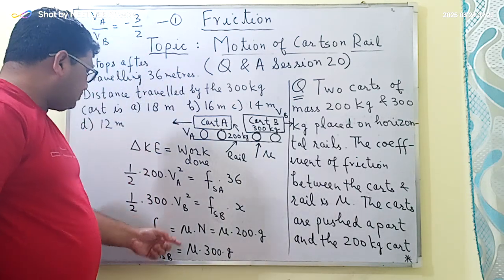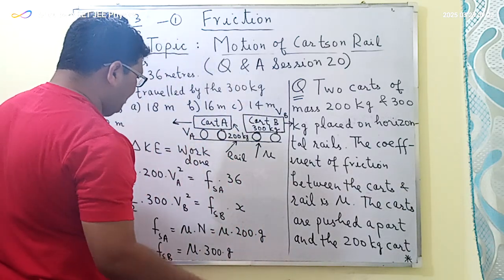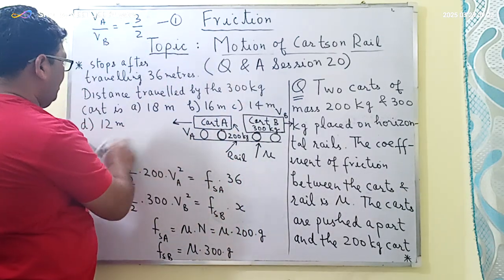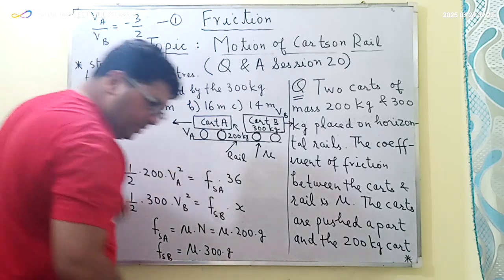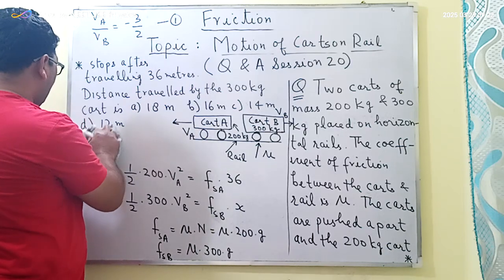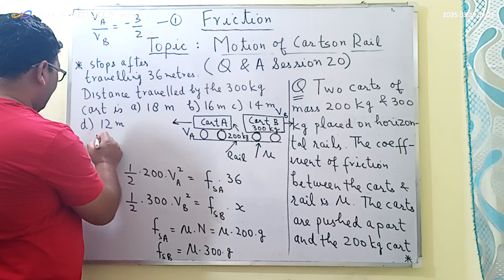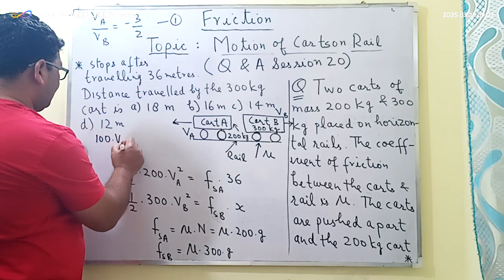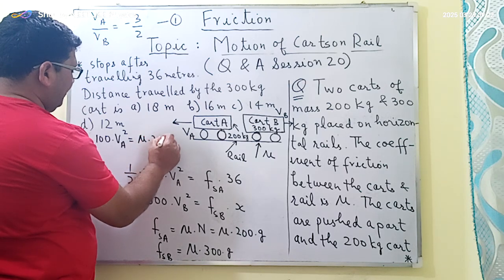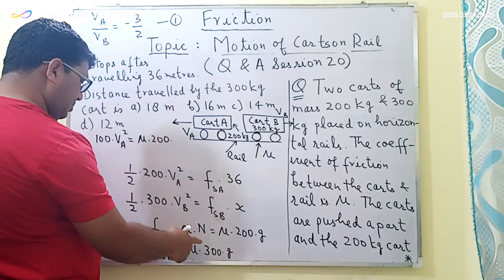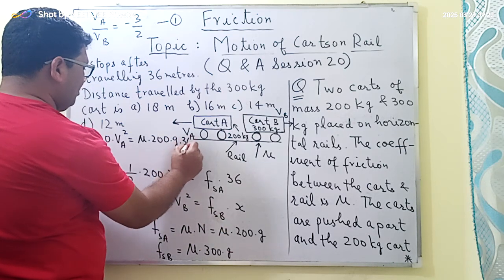I will substitute these two values in the equations. Half into 200 is 100, so 100 VA square is equal to FsA, which is mu into 200 into g into 36.